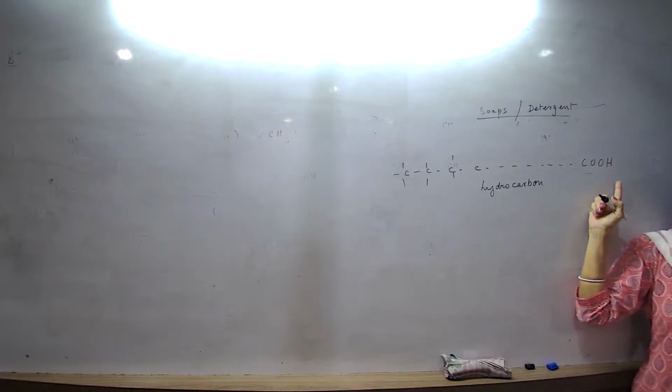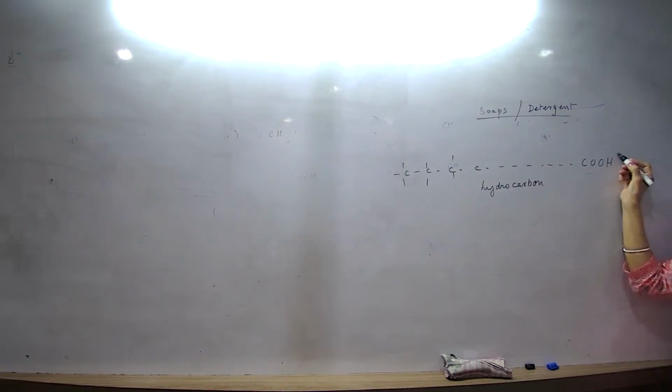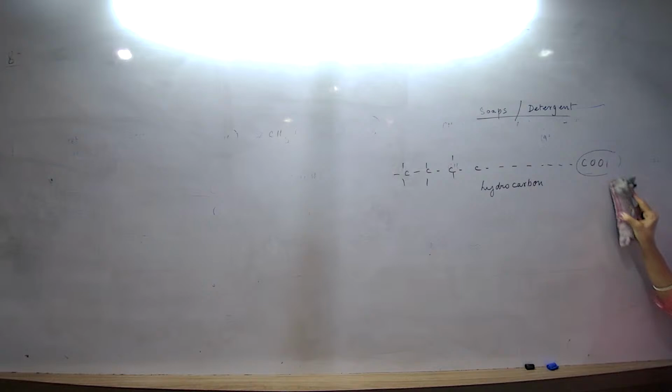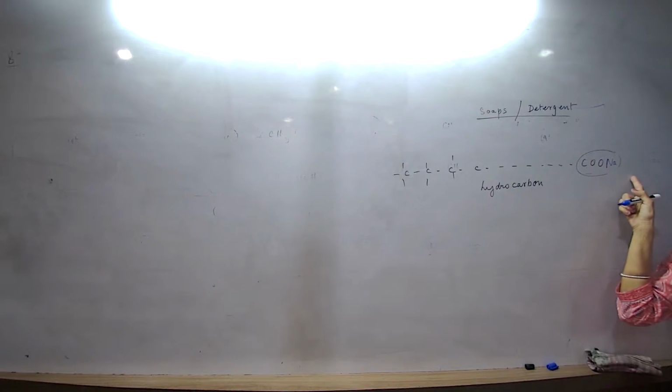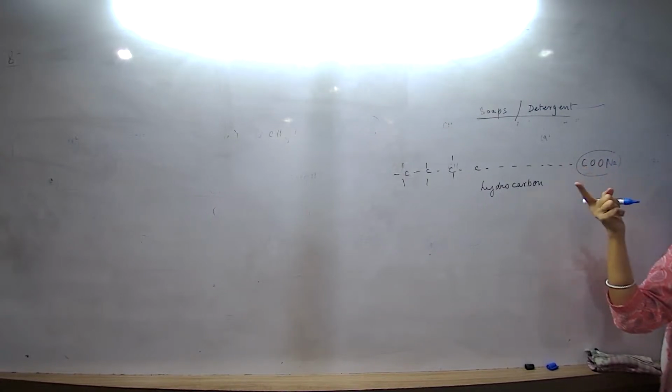So these are long chain fatty acids. Why is it an acid? Because this is the functional group. Now what is happening here? The H part of it is replaced by Na or K. So it is the sodium salt of it. Not acetic acid, it's a long fatty acid.